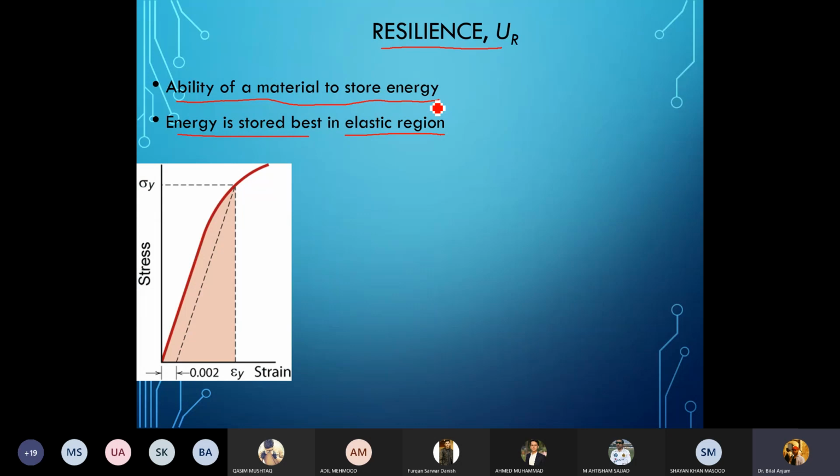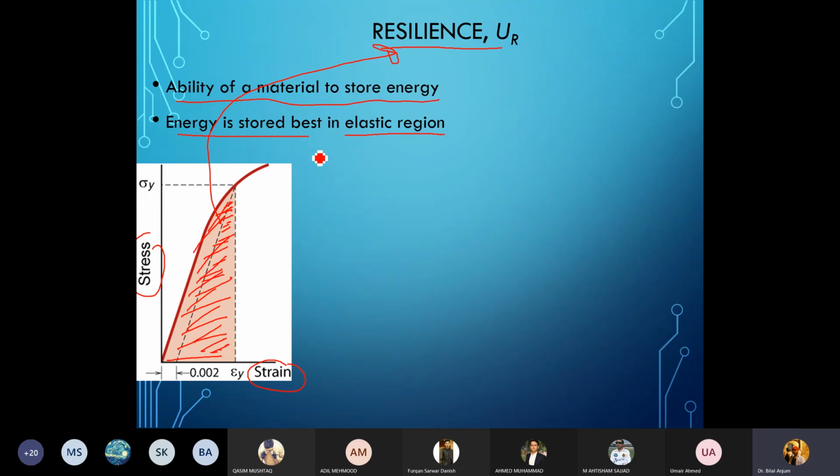If you have a stress strain plot, the area under the curve represents energy per unit length, and up till the elastic limit, the energy stored is represented by the area under the curve. You refer to this energy as the resilience of a material.